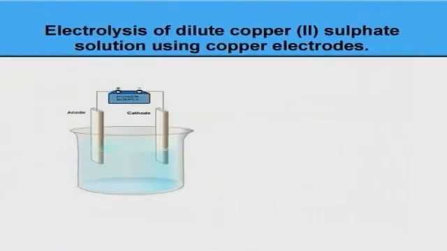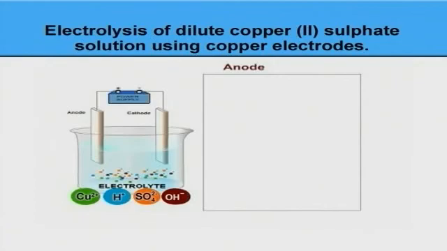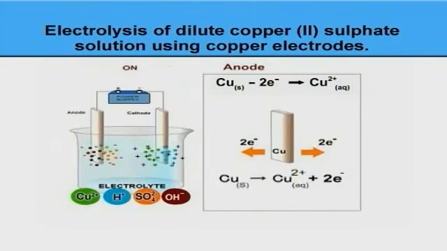Ions present are copper 2+, sulfate, hydrogen, and hydroxide. In this example, the copper anode becomes active and ionizes to form copper ions. Copper loses 2 moles of electrons to form 1 mole of copper 2+ ions. Oxidation has occurred.